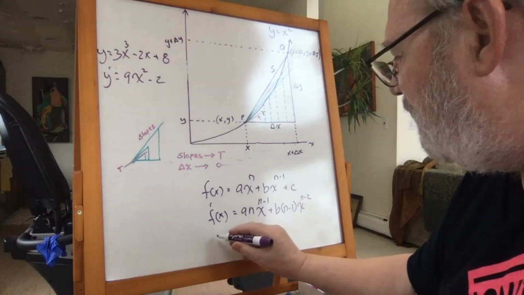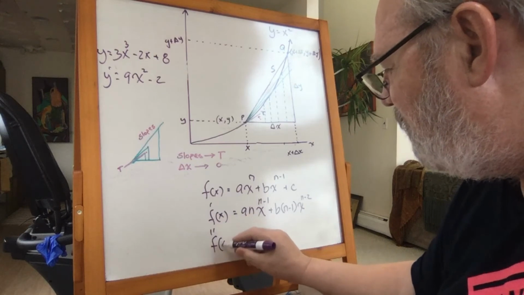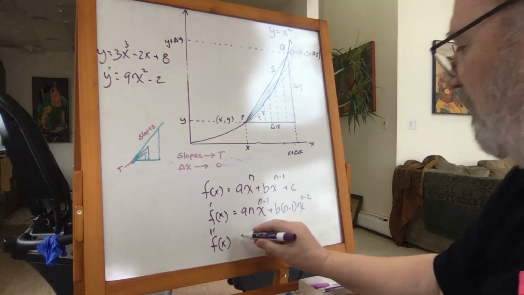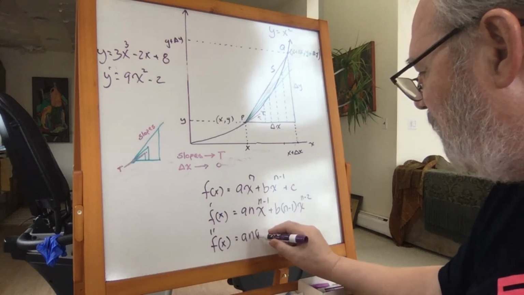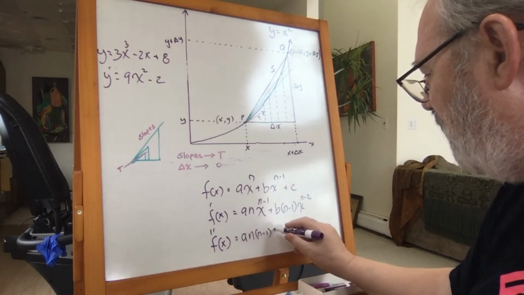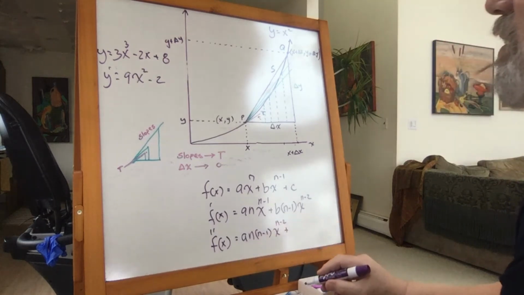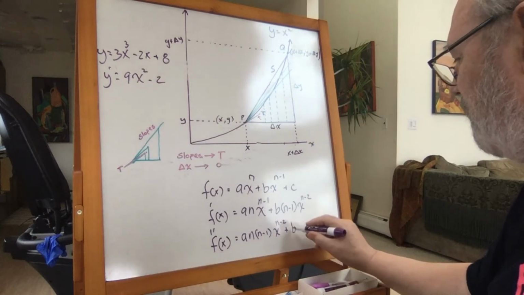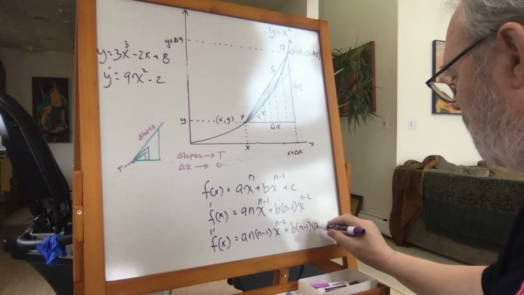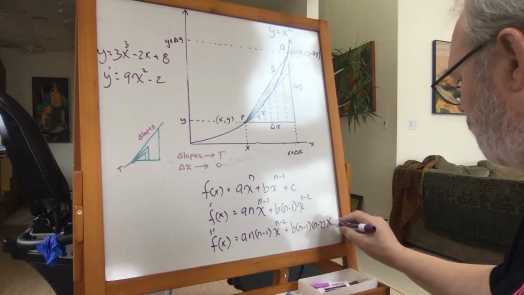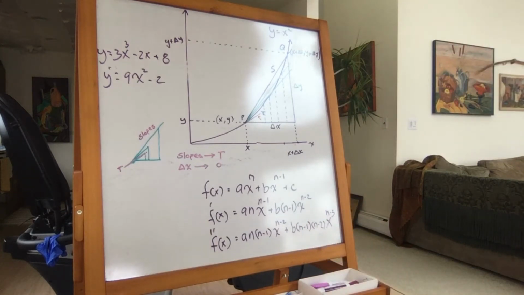And if you want to take the next derivative, f double prime is just the derivative of the derivative. So we end up with a times n times n minus 1 times x to the n minus 2 plus b times n minus 1 times n minus 2 times x to the n minus 3, and so on.